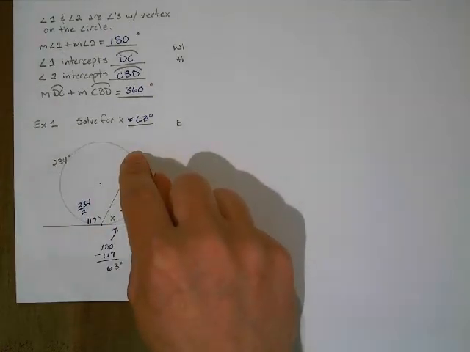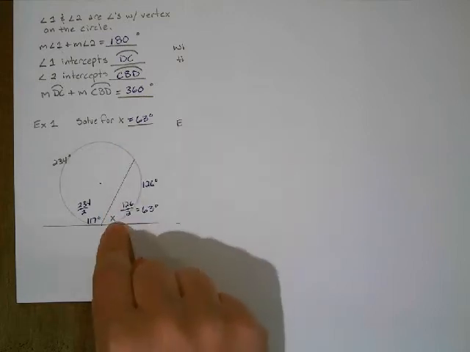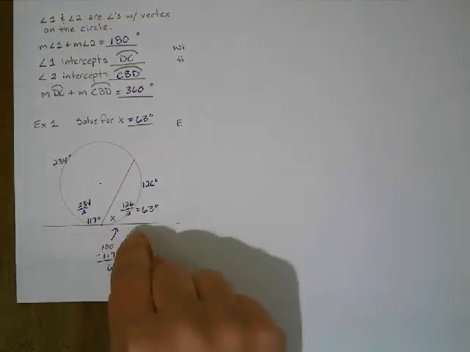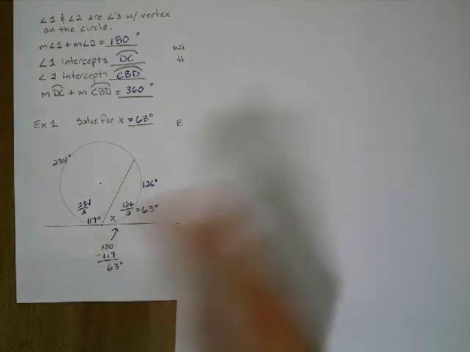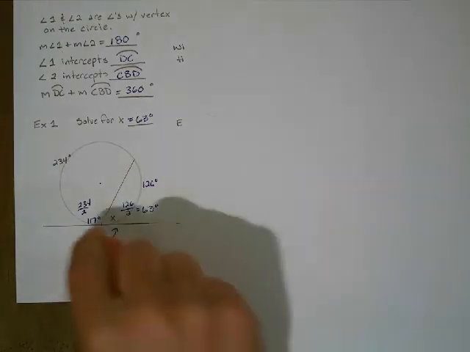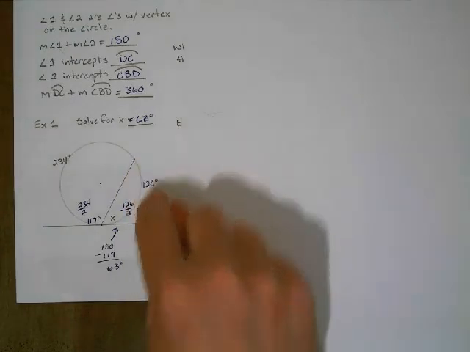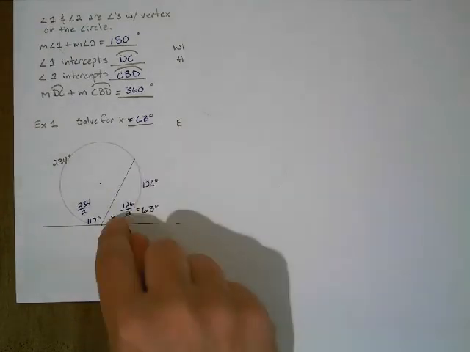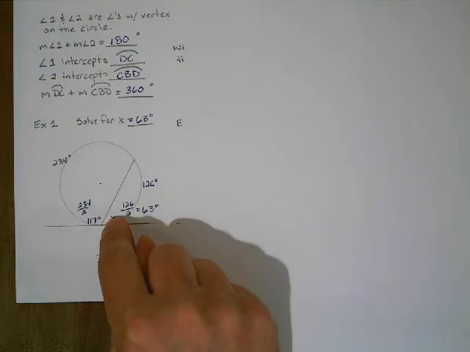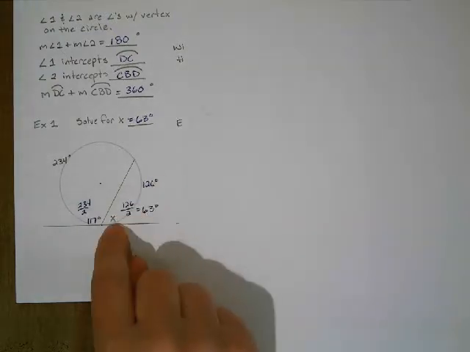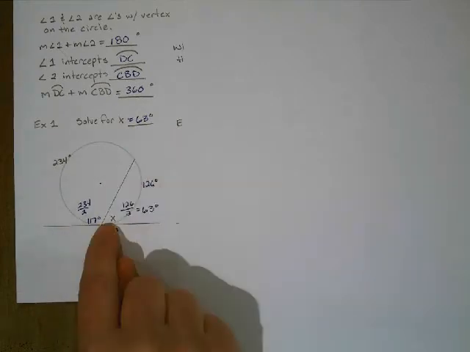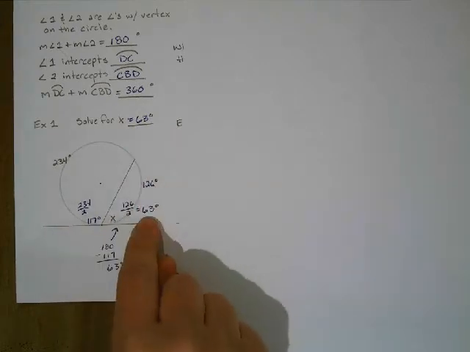Therefore, one of the ways that we could solve for this inscribed angle here, because we got a tangent and a chord, is to say, okay, that's 234, so I'm going to subtract from 360 and find out that this arc is 126. And if it's 126, this inscribed angle here made by the tangent and the chord has to be half of 126. That'd be 63. So that's one way to find out that x is 63.